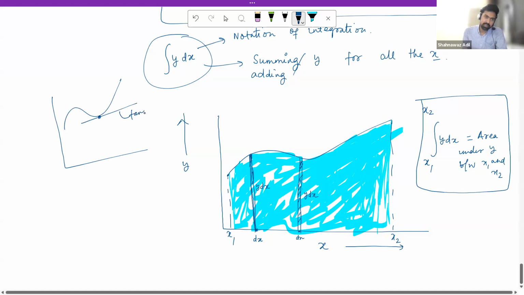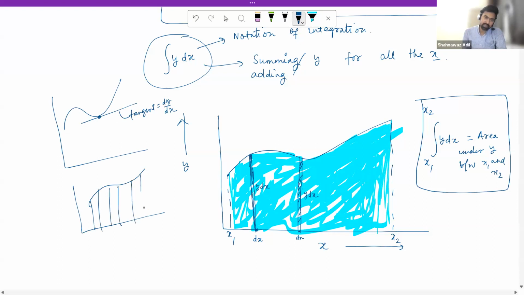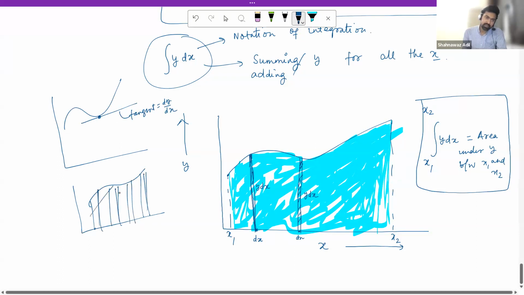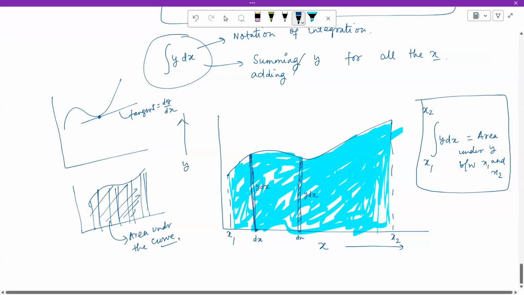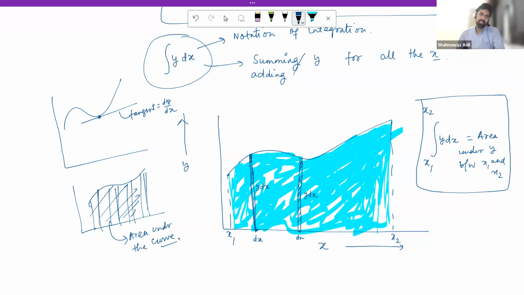Tangent is dy by dx, and integration, let's say this is some function, is the area under this curve. So that is integration, right? So these are the two physical meanings of differentiation and integration.